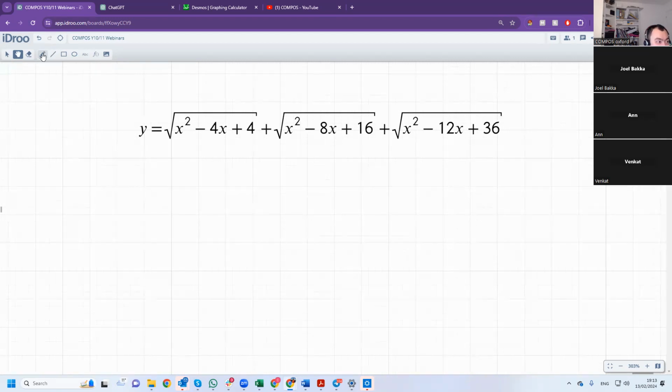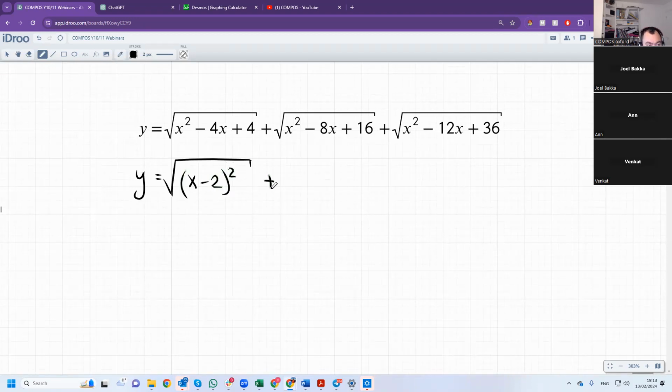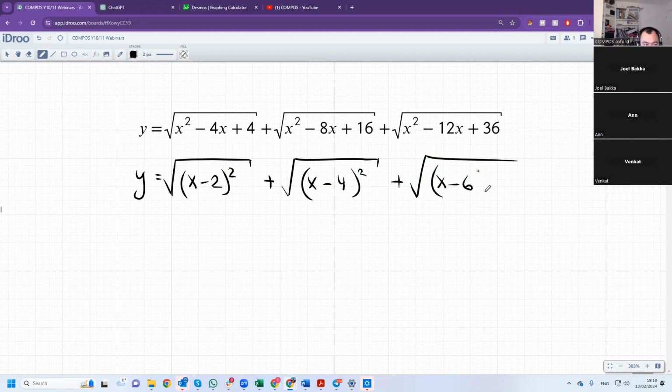So let's write them as complete squares. Square root of (x minus 2) squared plus square root of (x minus 4) squared plus square root of (x minus 6) squared.